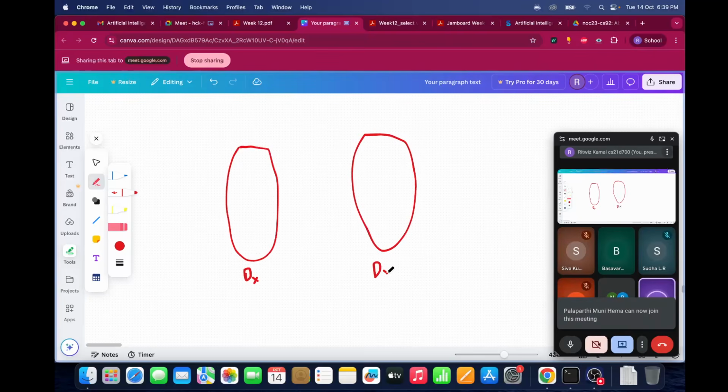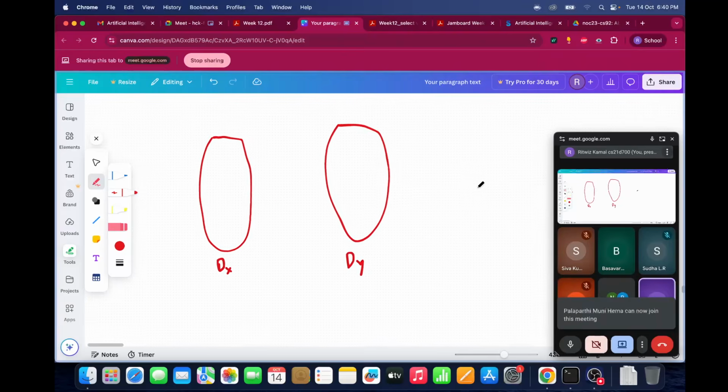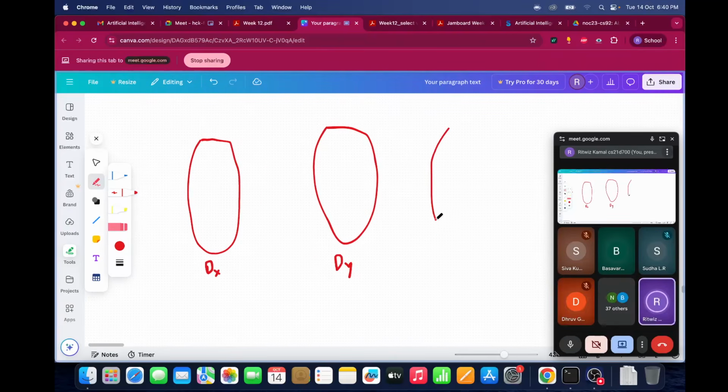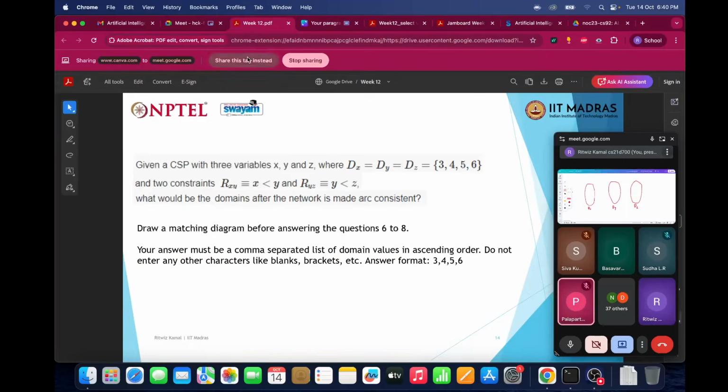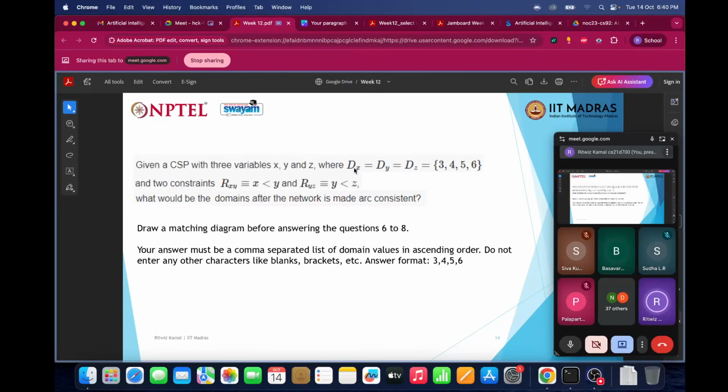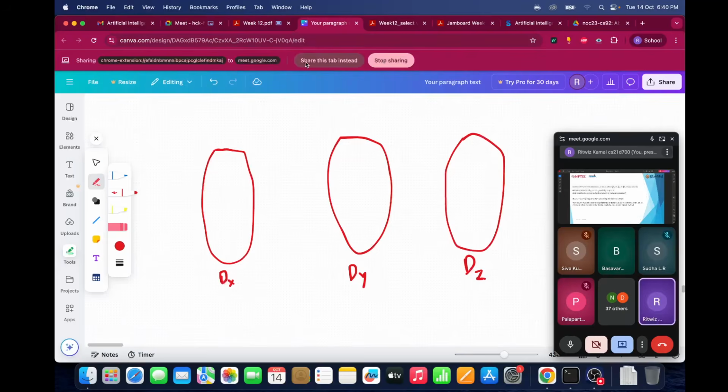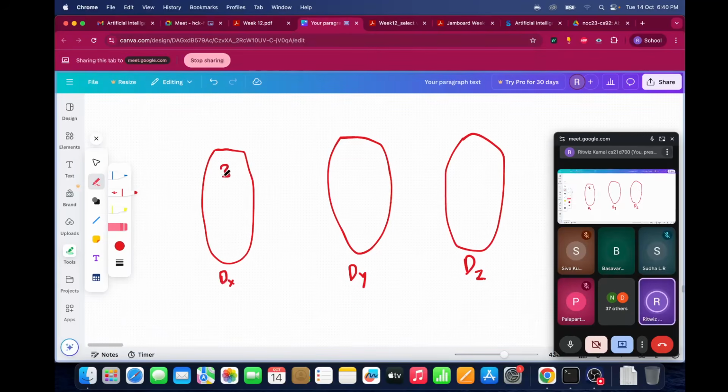Similarly, this is the domain of y, and this is the domain of z. Now we are given the initial domain of all three variables, which happens to be 3, 4, 5, 6. So let's fill that in. Each of these will have 4 numbers: 3, 4, 5 and 6.